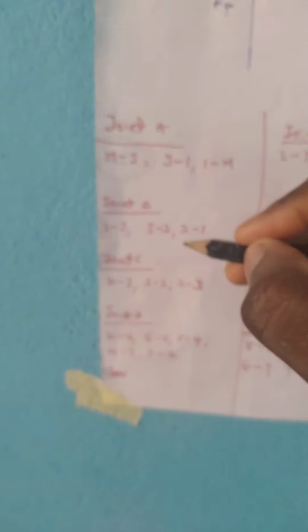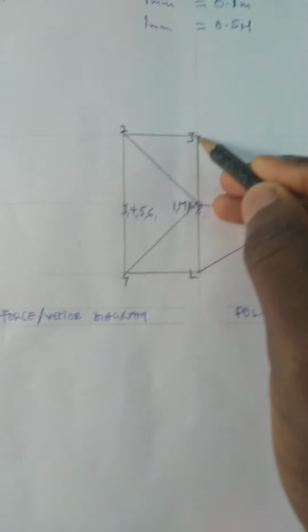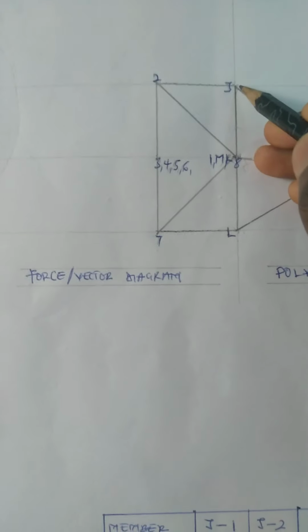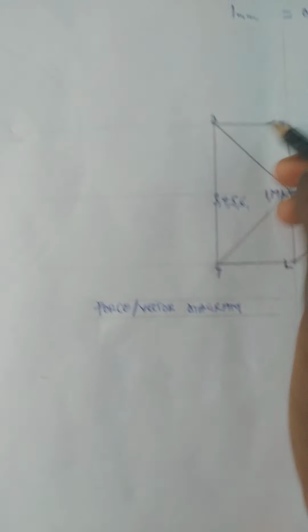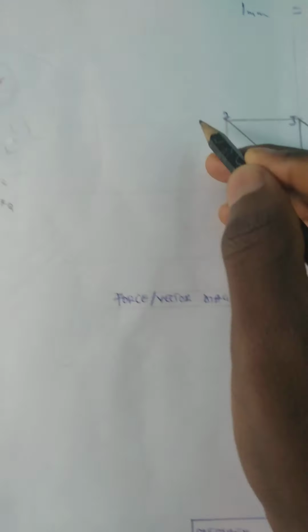At the same joint B, you have J2. When you move back to the vector diagram, J2 is this, so we are moving in this direction.